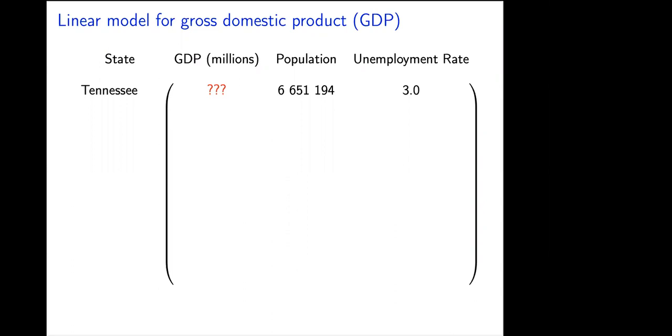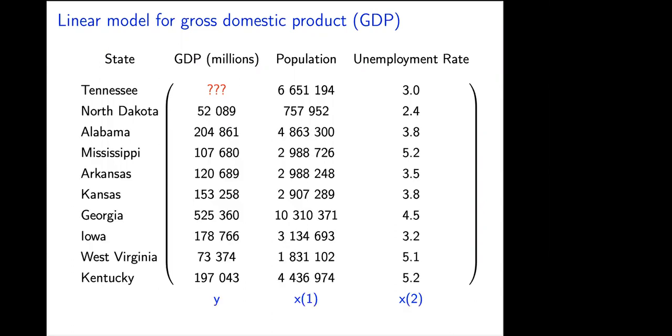So the larger the population, the larger the GDP probably is, but the larger the unemployment rate, the lower the GDP probably is. So you have Y, which is your GDP that you would want to estimate for a particular state. And then you have X1, the first feature, population, and then X2, the second feature, which is unemployment.